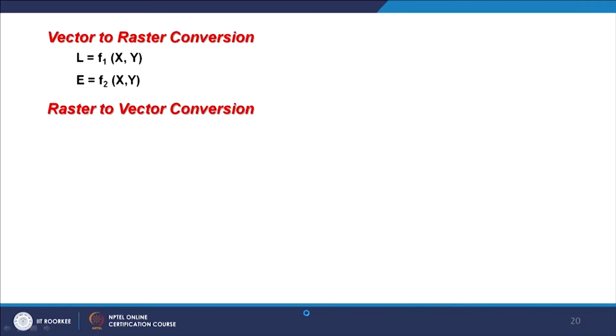Last here is the conversion, vector to raster conversion and raster to vector conversion. As I mentioned earlier, it is possible to convert from one format to another, or one model to another. But always when you convert from one to another, these conversions are not fully transparent and therefore they will introduce errors.